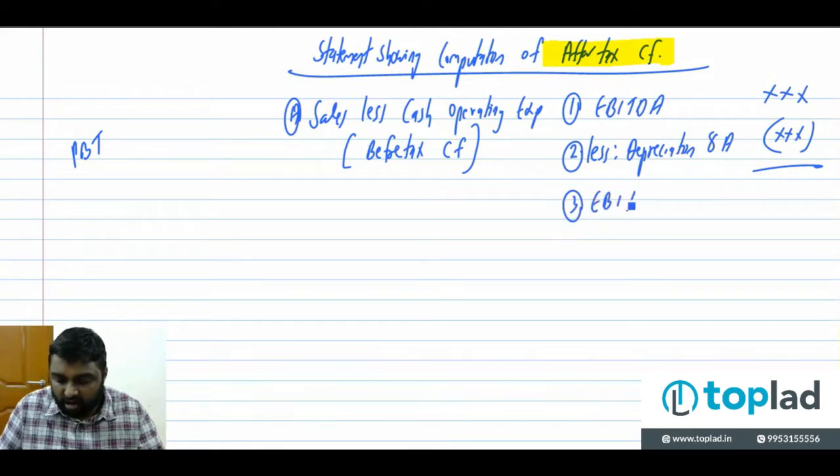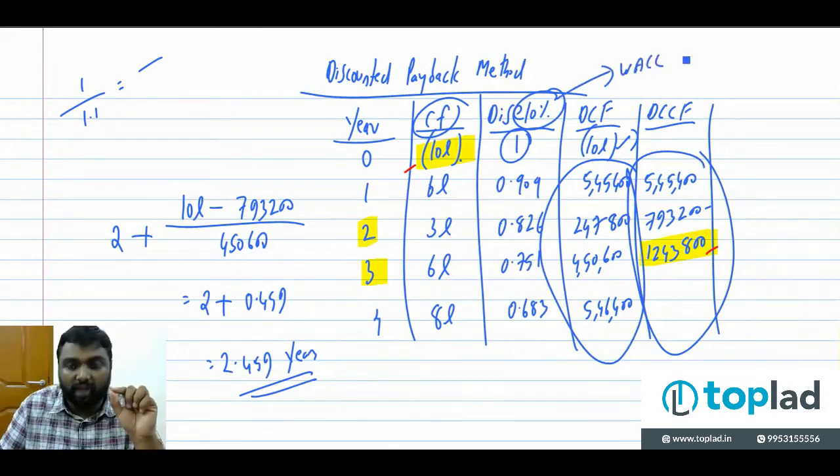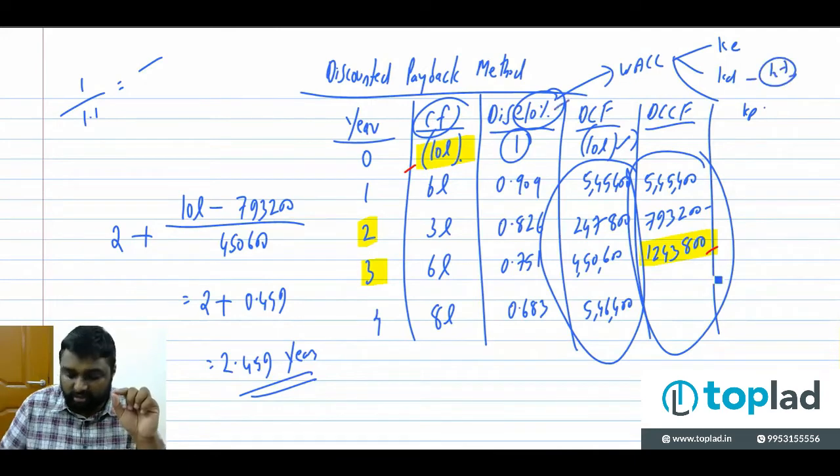This is called EBIT. I told you the discount rate we take by cost of capital, which is the weighted average cost of capital consisting of KE, KD, KP, everything. That means interest is also considered here.